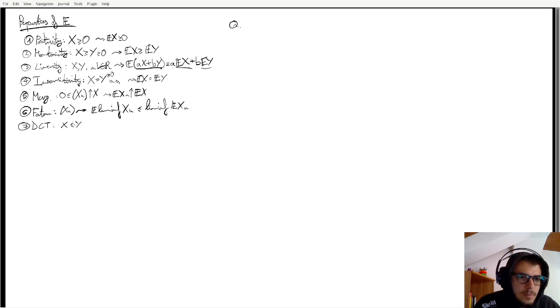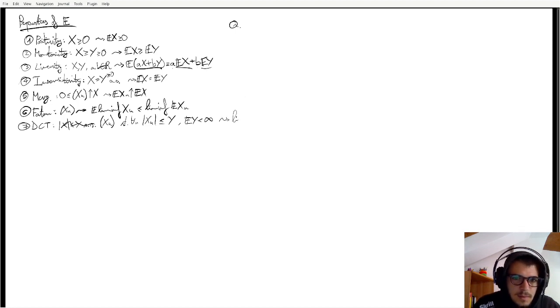If x is bounded above by y in absolute value, almost surely, and y is integrable, here it's written like this: if we have a sequence xn such that for any n, xn in absolute value is bounded by y, and the expectation of y is finite, then the limit of the expectation of xn is equal to the expectation of x, right?